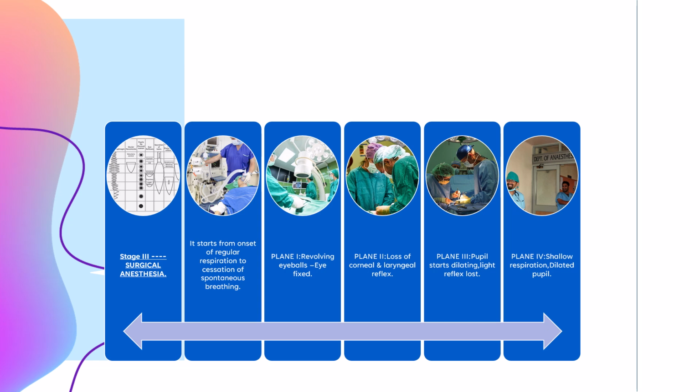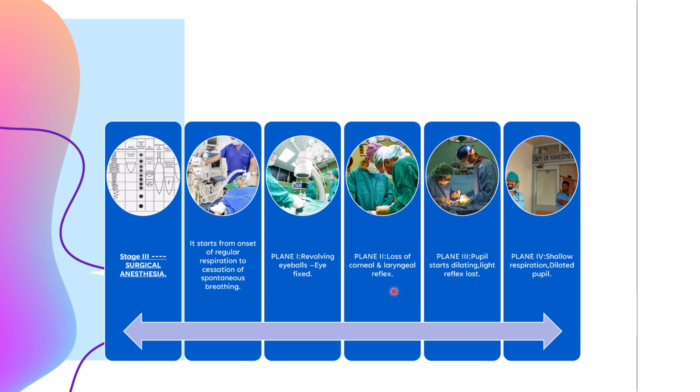So what is plane 1? Plane 1 is nothing but revolving eyeballs. It starts from the revolving eyeballs till the eye is fixed. This is plane 1. Plane 2 is nothing but loss of corneal and laryngeal reflex.